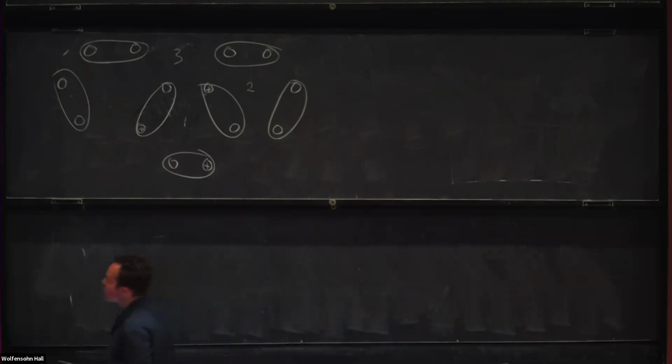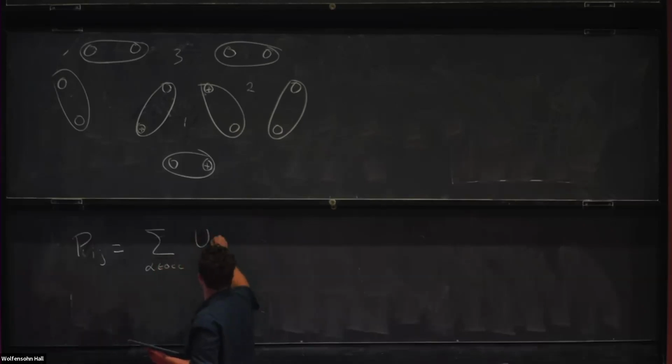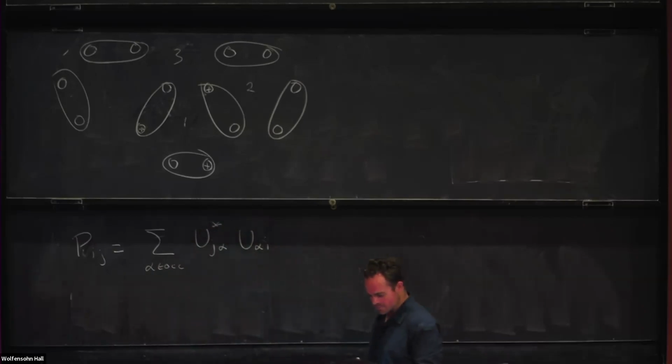If you want to figure out the relation between the P's and U's, it's rather simple. I won't derive this, but you get Pij is exactly the sum over the occupied orbitals of U j alpha, alpha I. So that's the relation between them.